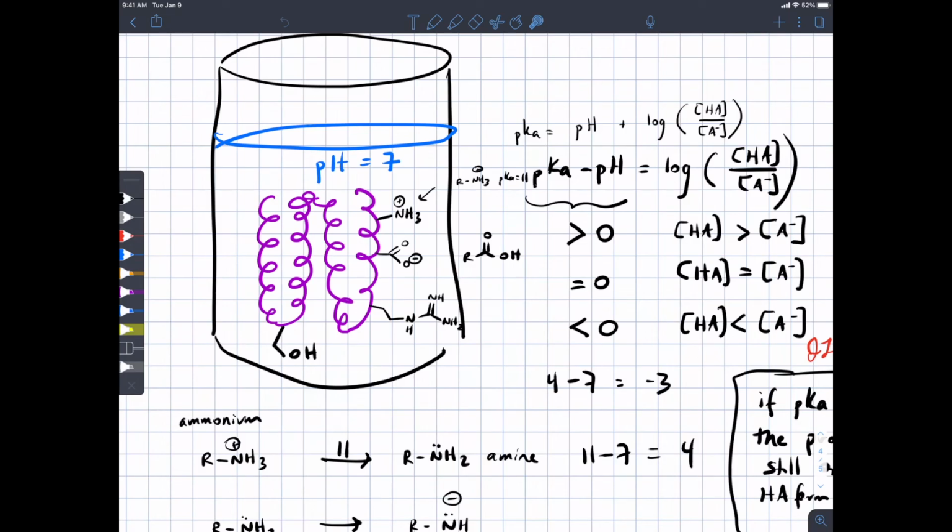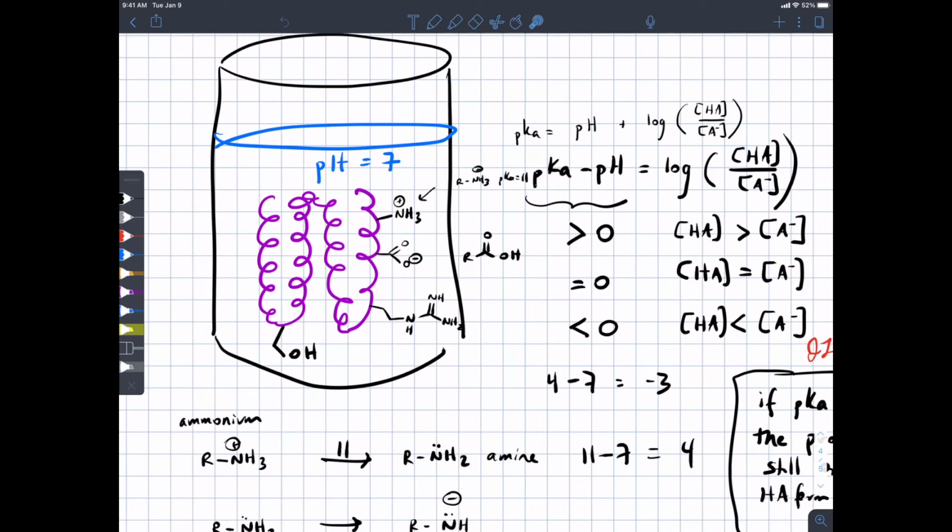When pH is greater than pKa, water's basic enough to remove the proton. When pH is lower than pKa, the proton is still on. All right, so be able to do that. In particular, I think this kind of question is not necessarily on your practice exam, but I think you should be able to do it based on the information we've given you. Okay?